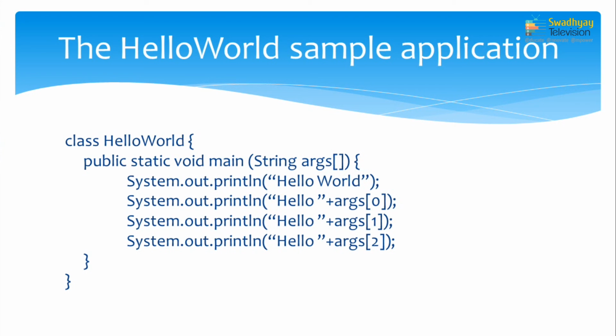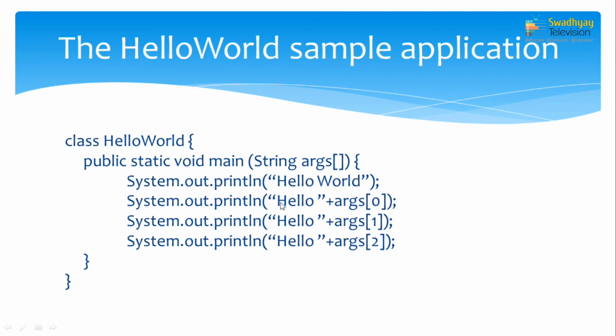So, we are printing hello world on our screen by writing this line, System.out.println, and this method is defined to take all types of arguments, integer, float, double, object, etc., and accordingly it prints the value on screen.